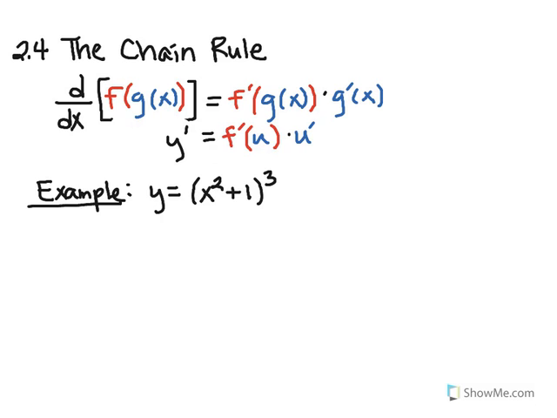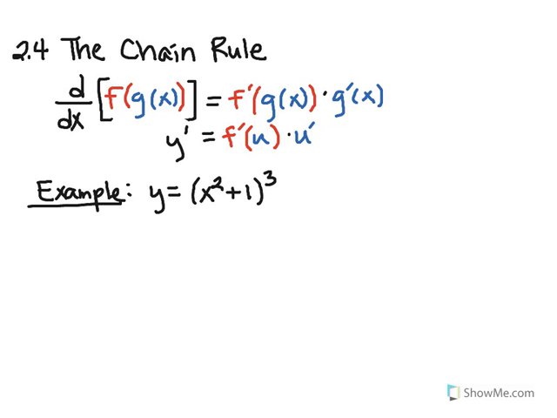Okay, so I kept the Leibniz notation up here and then I wrote the Newton notation underneath it, so you can see both ways as we go through this. So let's take a look at this example. It says y equals x squared plus 1, cubed. Now, one way of doing this we could go ahead and cube out x squared plus 1. However, it's time consuming and there's a more sophisticated way of doing it.